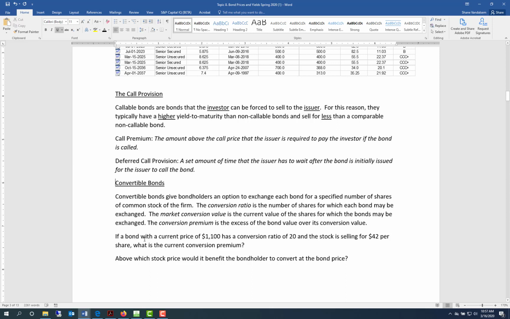So I'm going to give you an example here. If a bond with a current price of $1,100 has a conversion ratio of 20, and the stock is selling for $42 per share, what's the current conversion premium? So the first thing we need to figure out is how much is that stock worth? So we take 20 times 42 and we get 840.